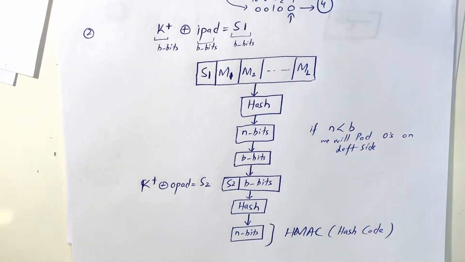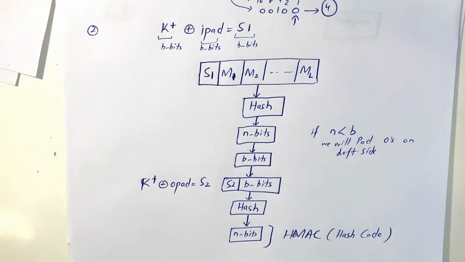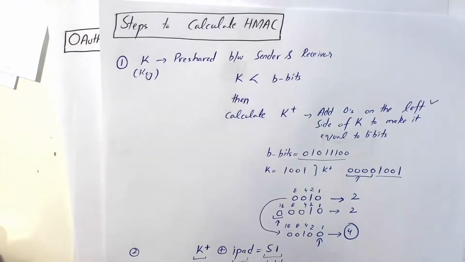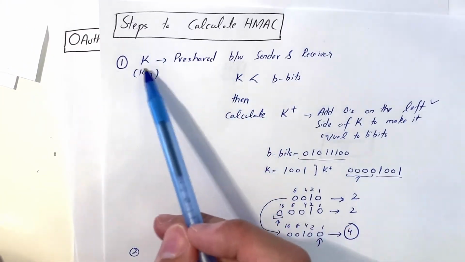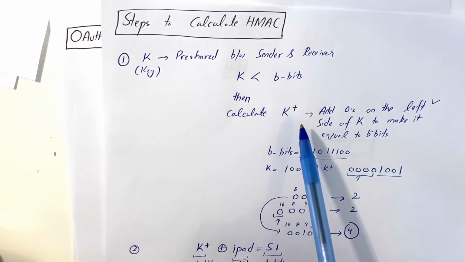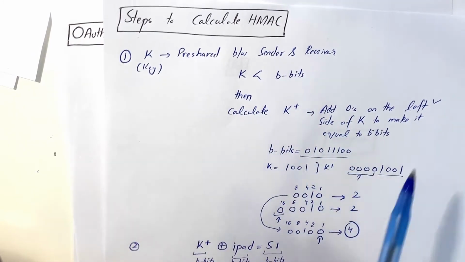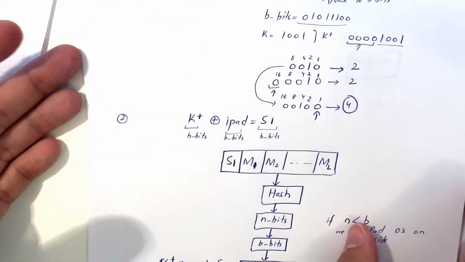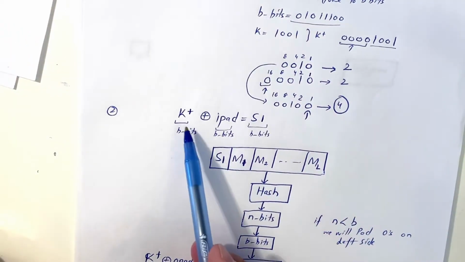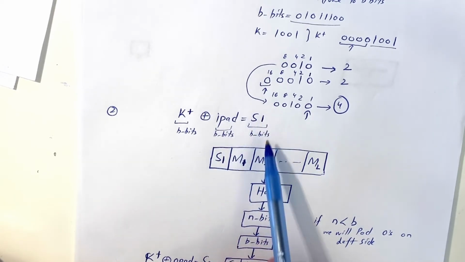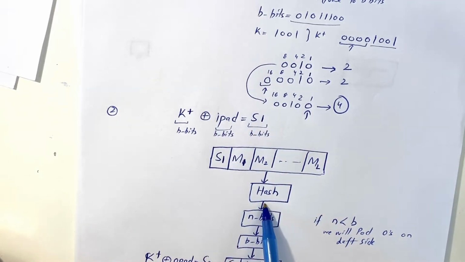Okay. So let me just quickly give you an idea what we did. In the first step, we just made k equal to b. If it is not equal to b, we append the zeros on the left side. Then after your k plus equals b bits, we calculate the XOR with iPad, and S1 we append on the left side, and calculate the hash.